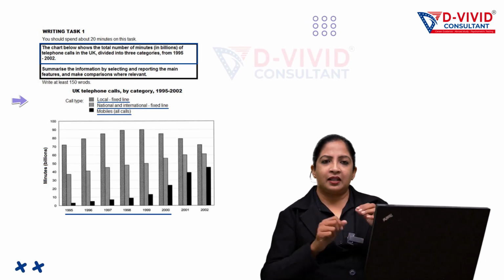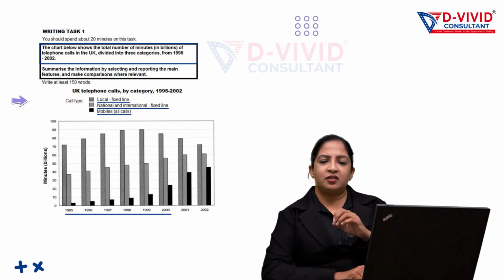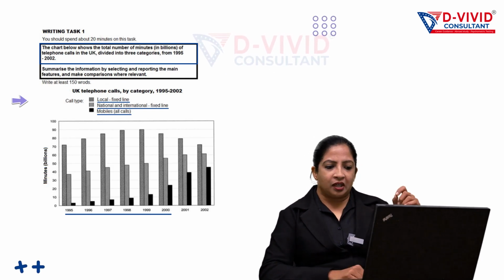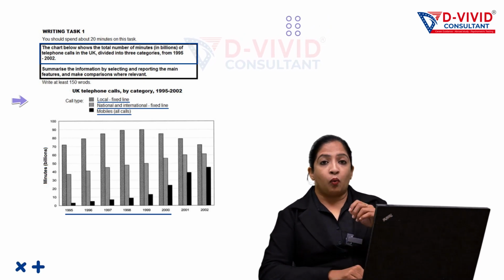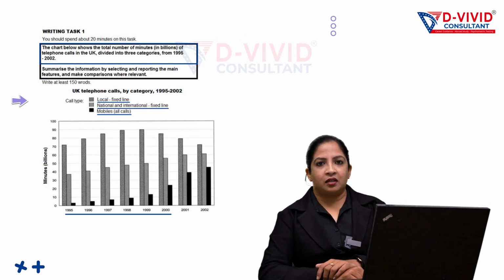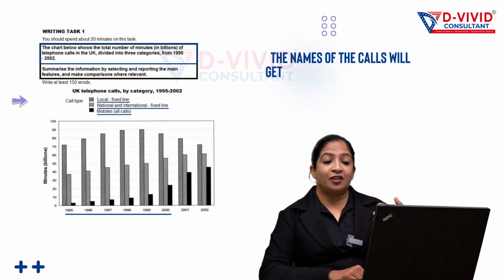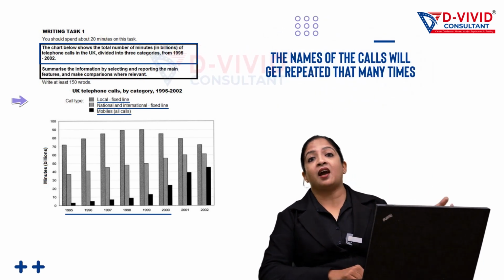When you are in this dilemma, I would suggest you observe that if you pick year by year, what will be repeated? Yes, the names of the calls will get repeated that many times.